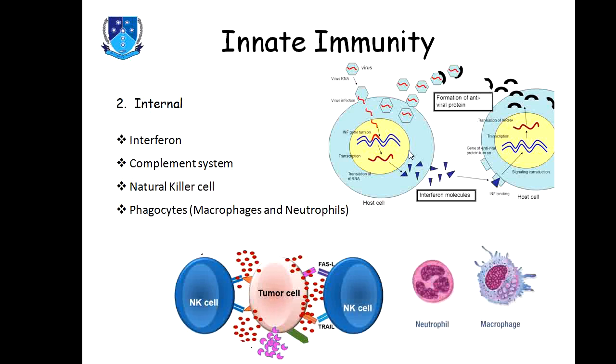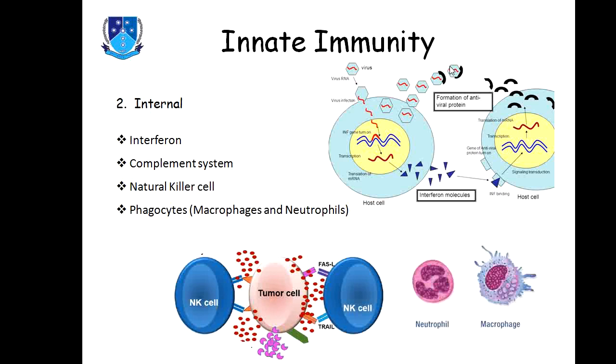If a virus infects a cell, this cell produces some chemicals that are called interferon, and these interferon molecules stimulate adjacent cells. All the cells adjacent to this infected cell are stimulated by the interferon, and these interferons stimulate the production of messenger RNA, which is responsible for the production of proteins, and these proteins provide resistance against this virus.